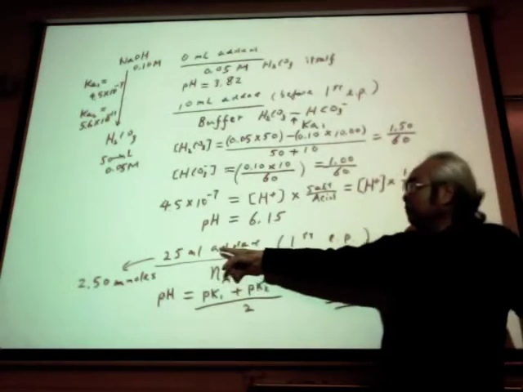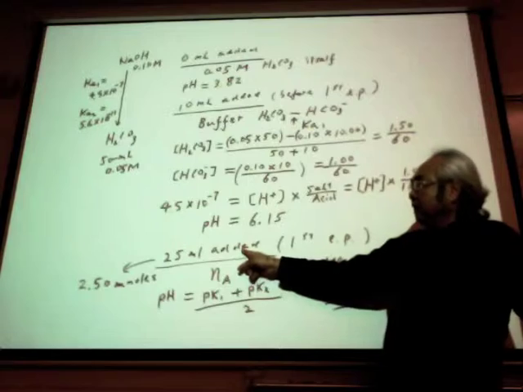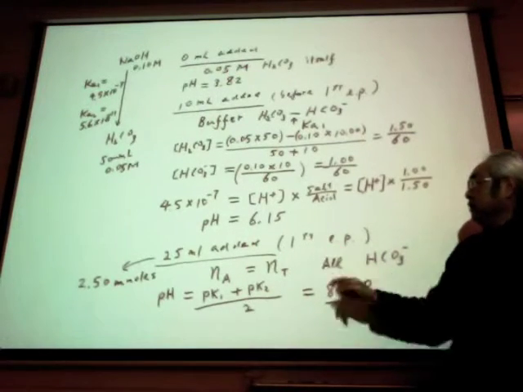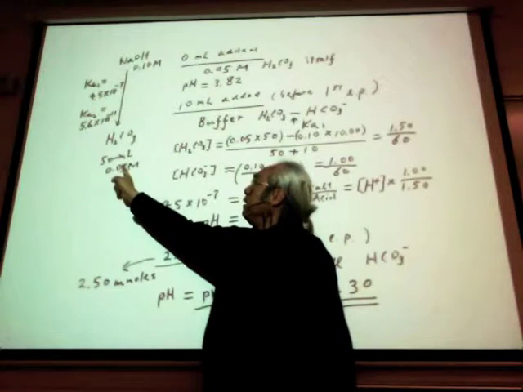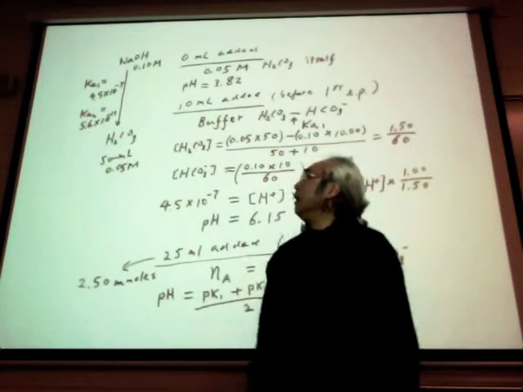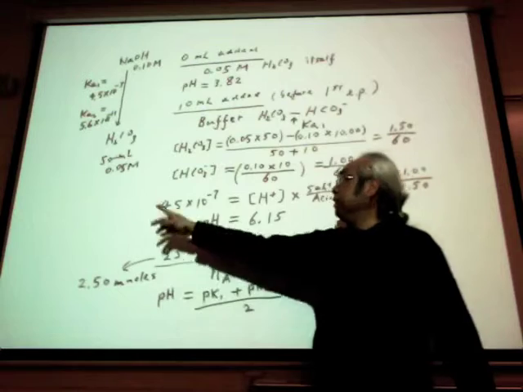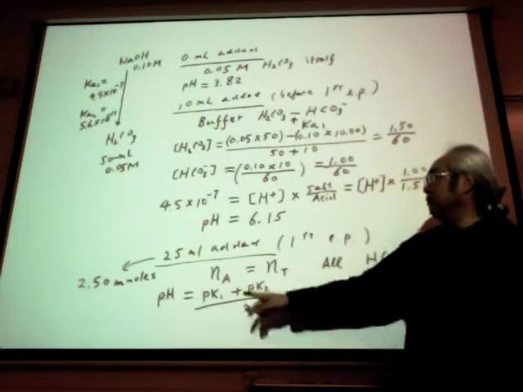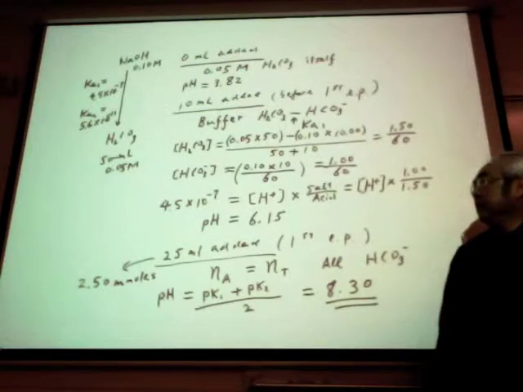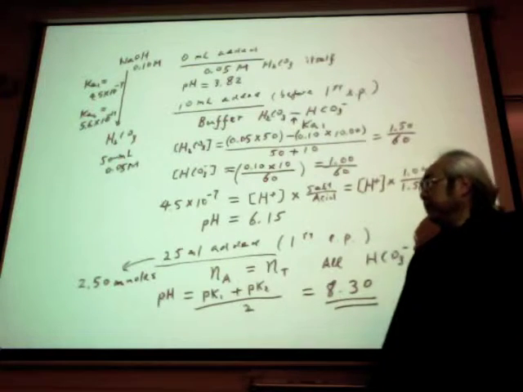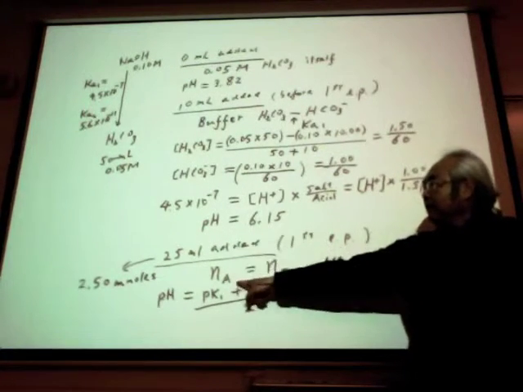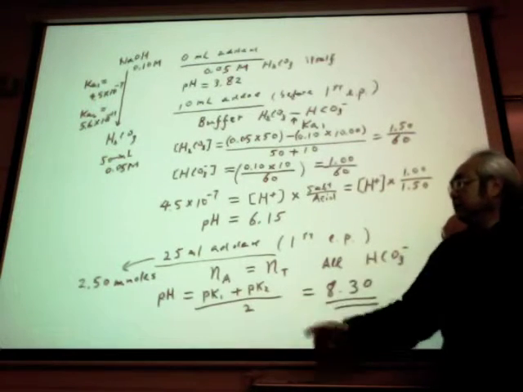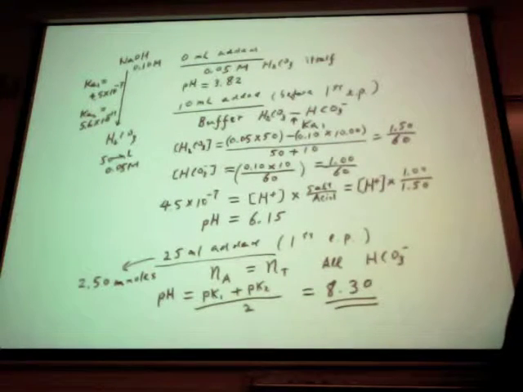Once you add 25 mL of sodium hydroxide, that is the first endpoint, because the MV here is equal to 2.5 millimoles, and 2.5 millimoles of sodium hydroxide. The analyte number of millimoles is the same as the titrant.